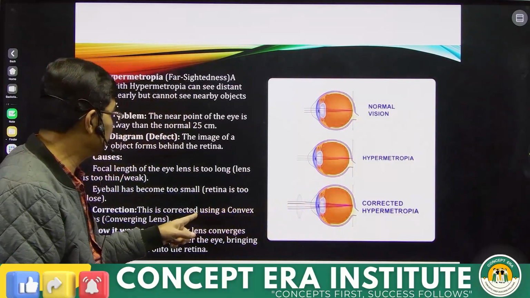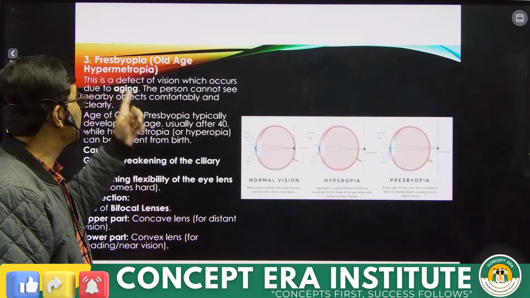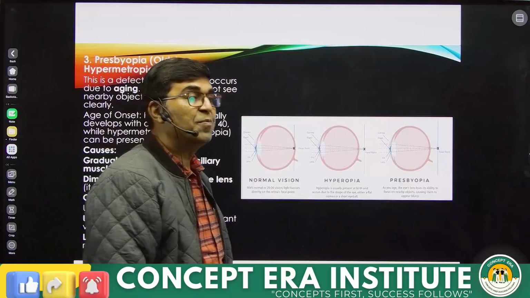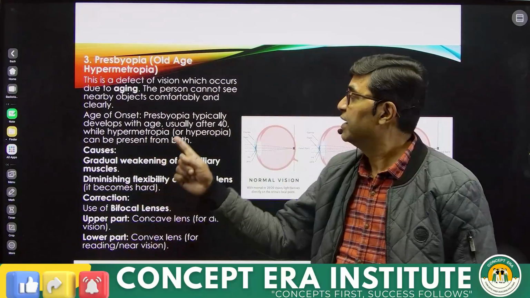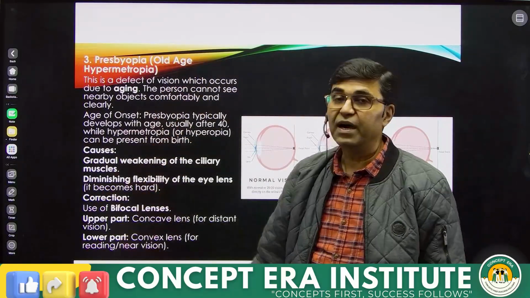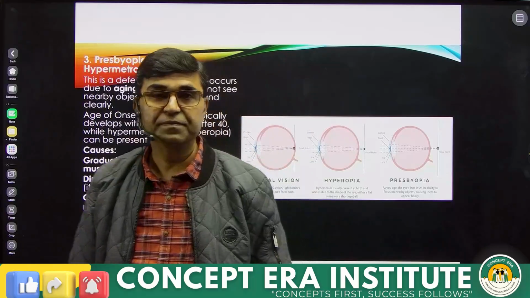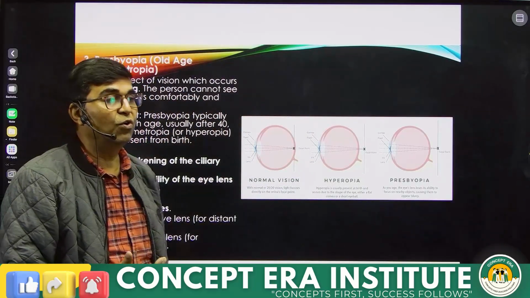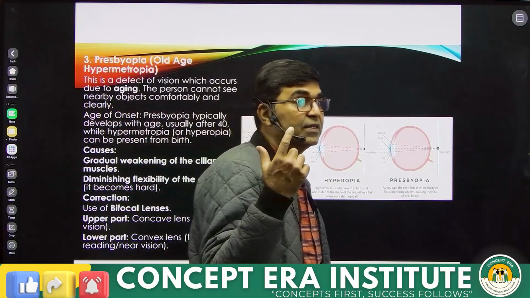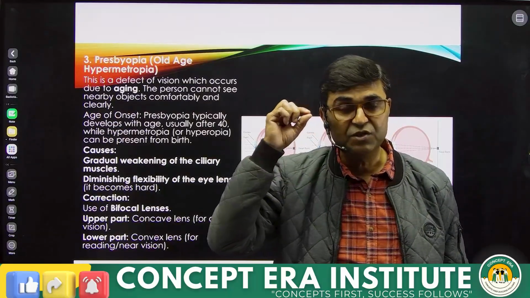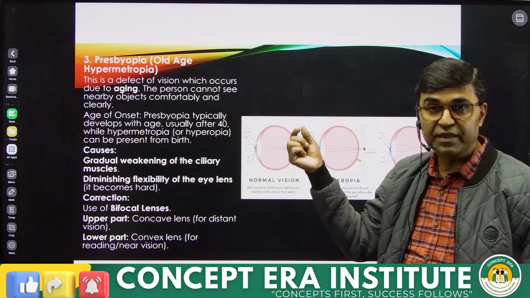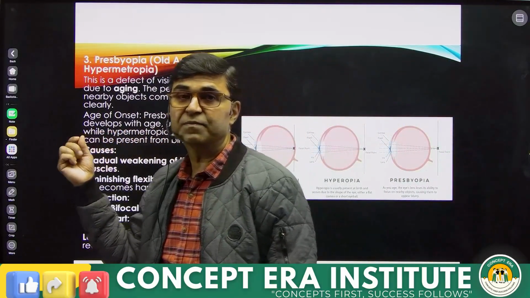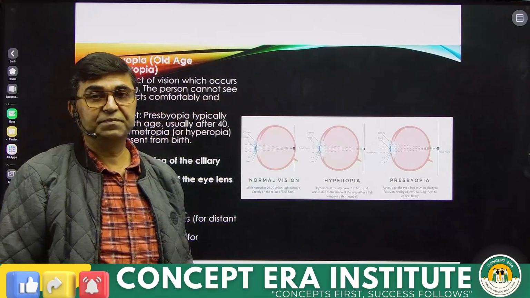Coming to another defect, presbyopia. Presbyopia is actually known as old age hypermetropia. As we grow older, the strength of the ciliary muscles of our eyes or the flexibility of the eye lens both decrease.